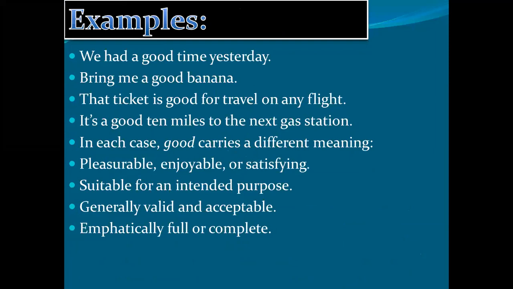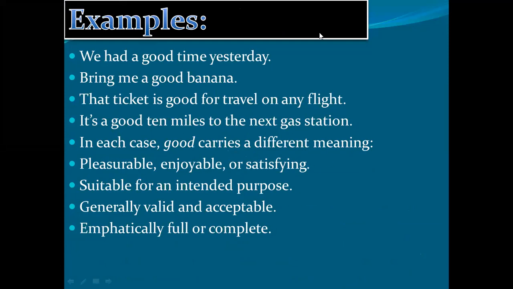For example, we have these sentences here. We had a good time yesterday, and bring me a good banana. That ticket is good for travel on any flight. It's a good 10 miles to the next gas station. Here in these sentences, the word good has different meanings.